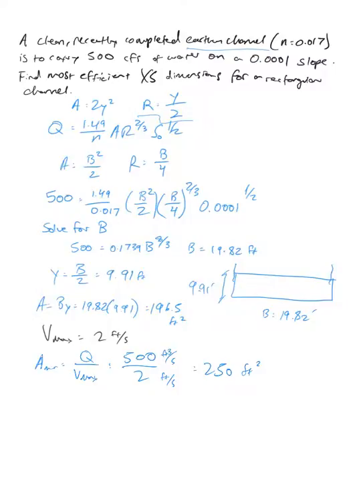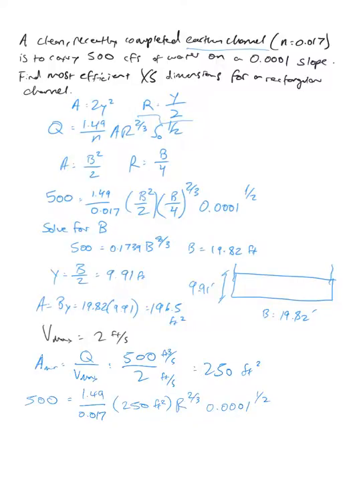And so for that, I would rewrite Manning's equation: 500 equals 1.49 over 0.017. My area would be 250 feet squared. I'd put my unknown R to the 2/3 in, and then 0.0001 to the 1/2.